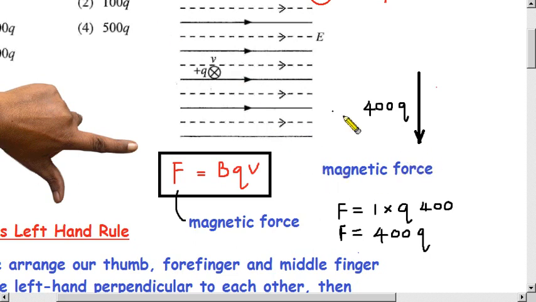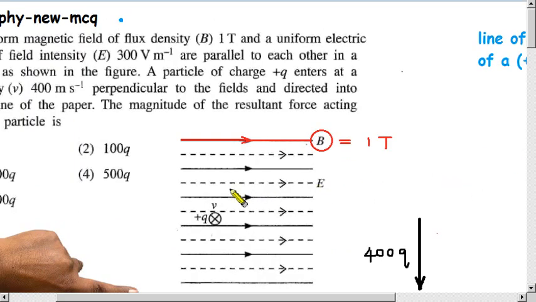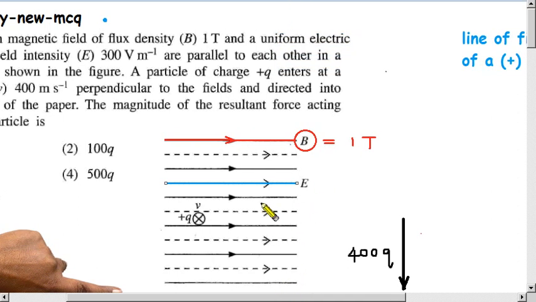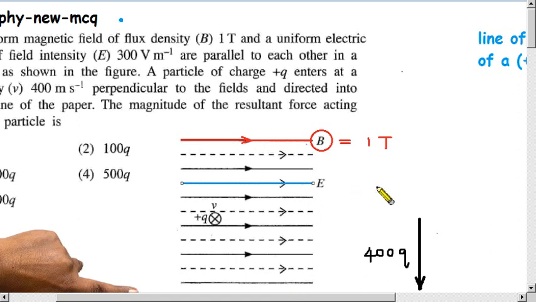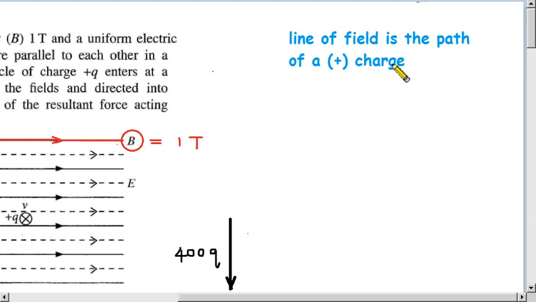So let us now consider the electric force. They have given the direction of this electric field. This line is called lines of field, or field lines, or we can say lines of force. This force line is directed this way, from left to right. So what is the definition of that? The line of field is the path of a positive charge.